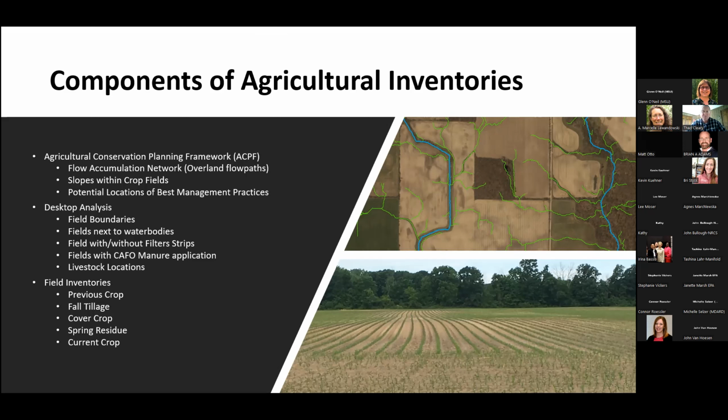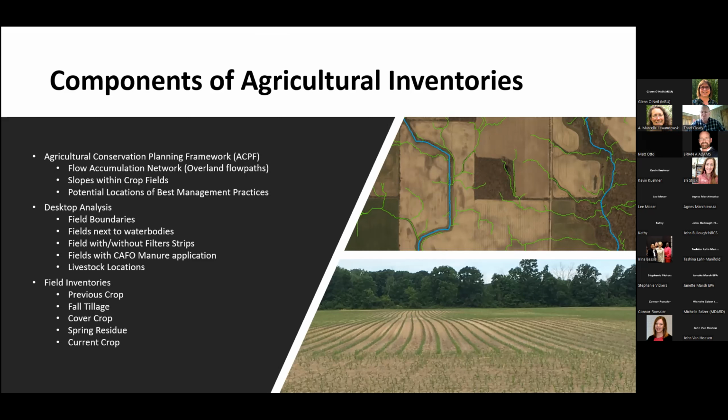And then in the spring, those conservation district technicians will go back out again and drive the watershed, and they'll do this after the crops are planted. Usually you want them up a little bit so you can document what crops were planted that spring, but then they'll document how much residue was left after planting.